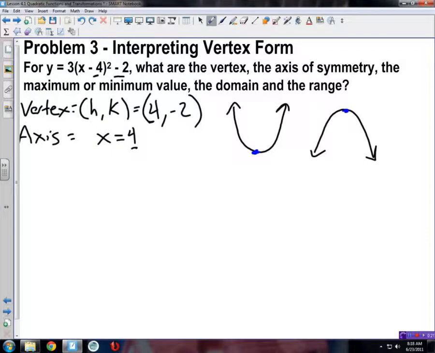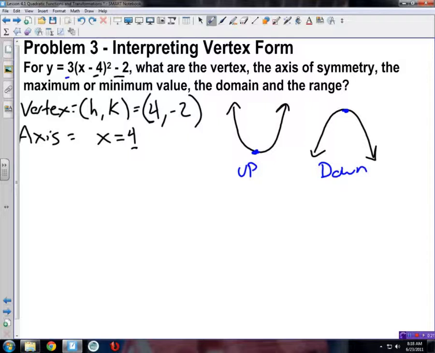Well, to decide that, we need to look and say, hey, is this one facing up or down? If we look at the A value, the A value here is 3. It's a positive number, so it's facing up. So if it's facing up, there's a minimum value, all right?